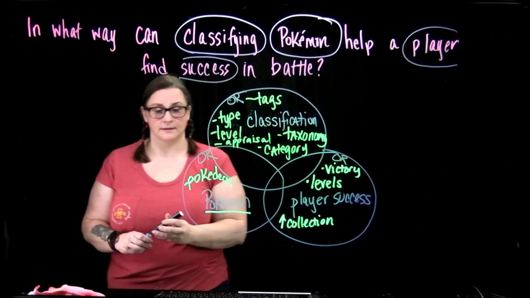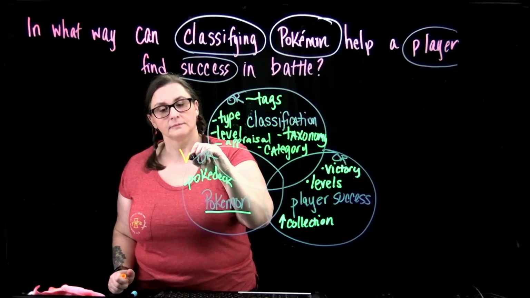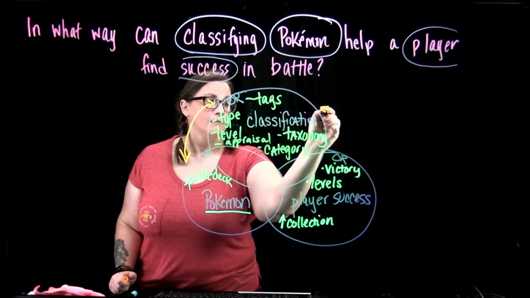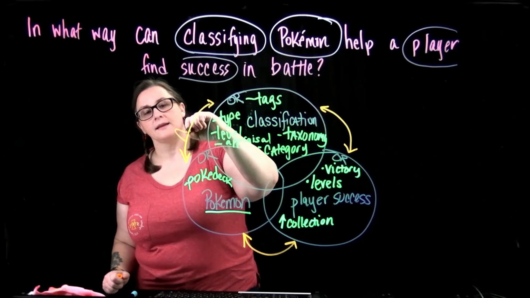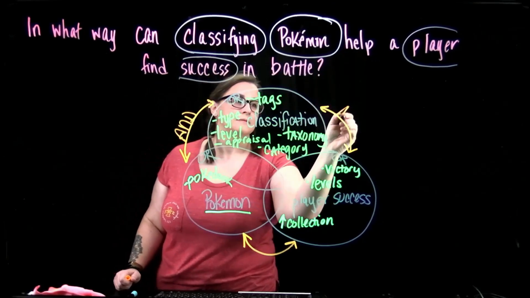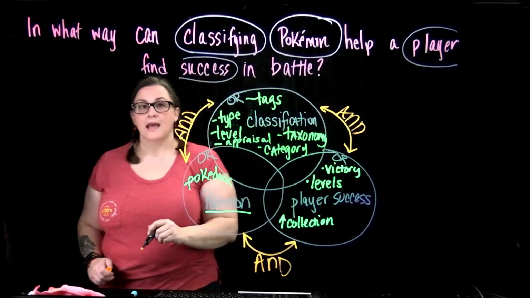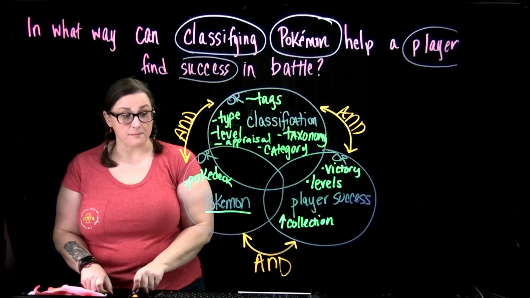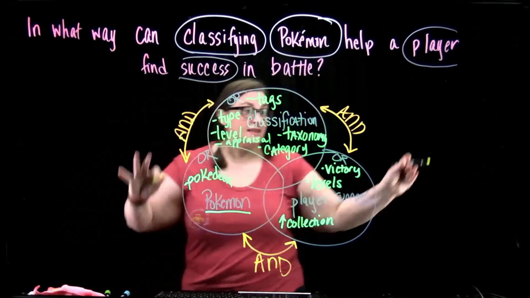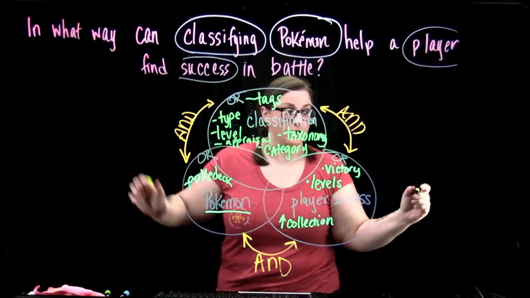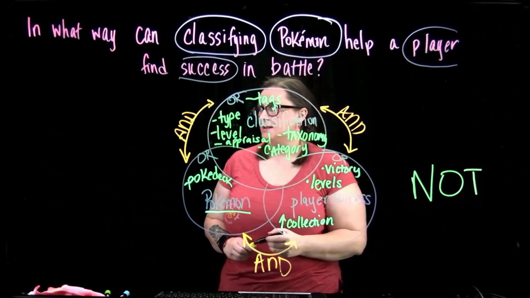If we are comparing circle to circle, we are using "and." And if we are comparing things that we don't want, things that live out here and we don't want in our search, we use "not." Okay?